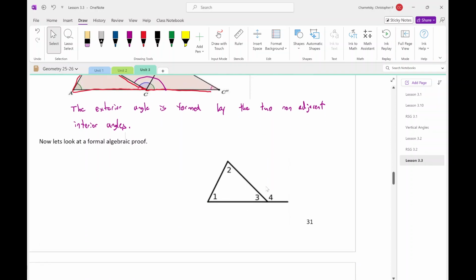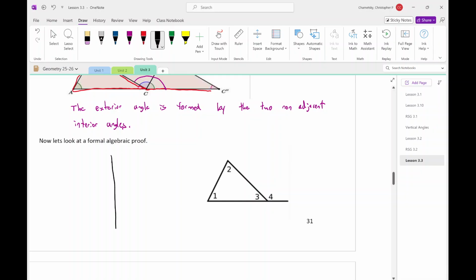Let's take a look at a more formal algebraic proof. Okay, got our statements and our reasons. So something that we do know already is that 3 and 4 have to make 180 degrees. So we'll start there. Angle 3 plus angle 4 equals 180.